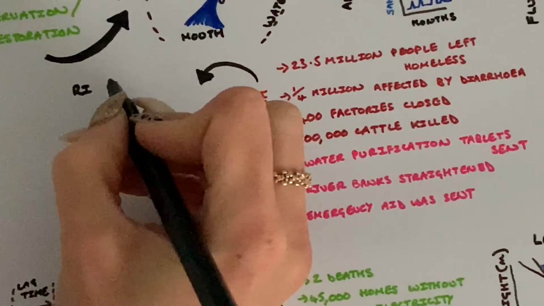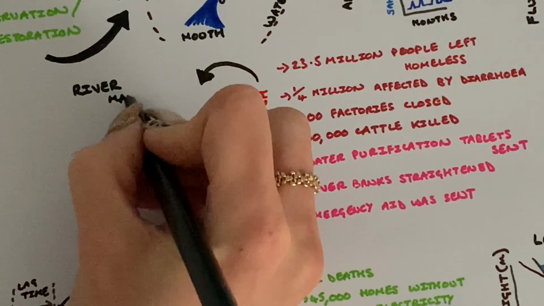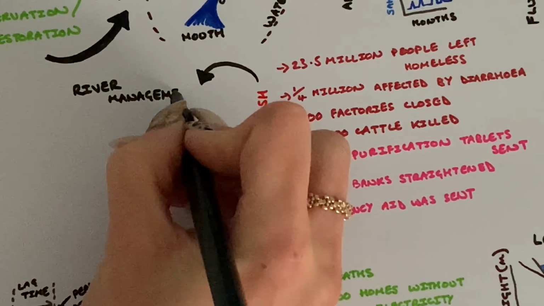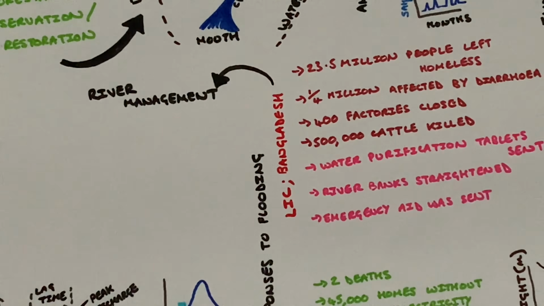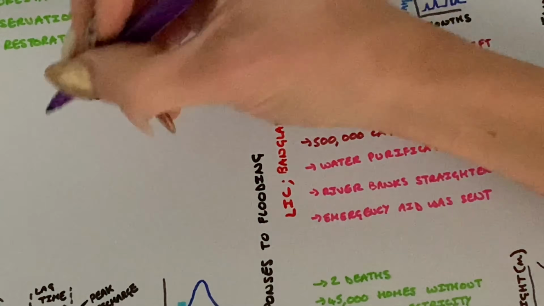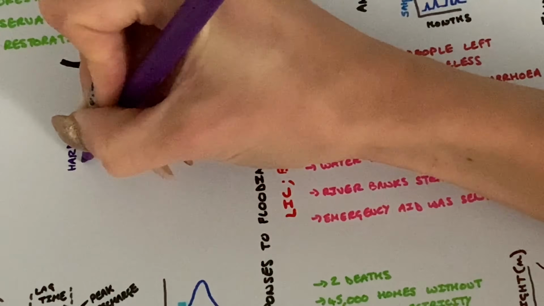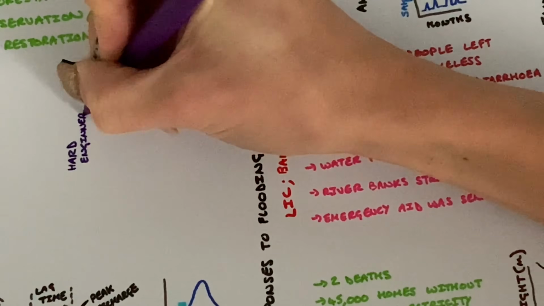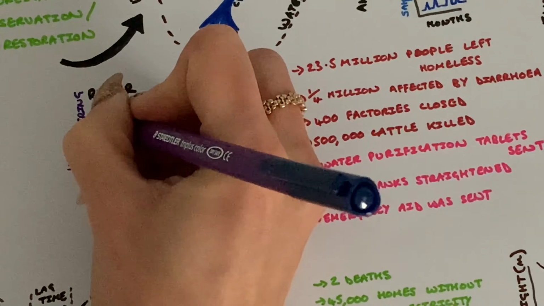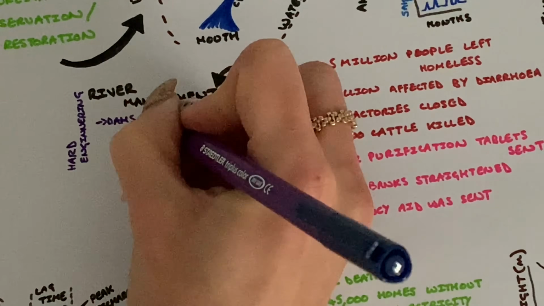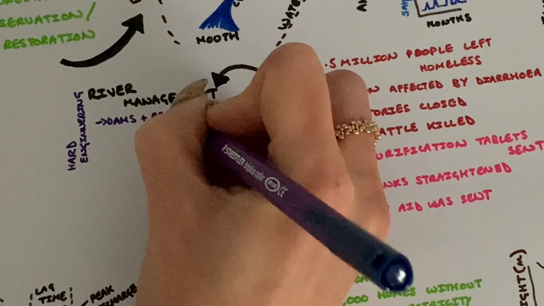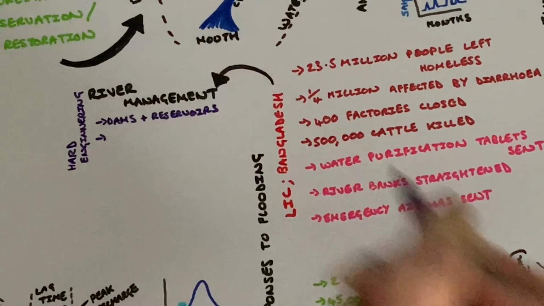So, how can we reduce the risk of flooding? This then leads us nicely on to looking at river management strategies. So, all types of river management strategies can be placed into one of two categories. Hard engineering strategies are typically options that tend to be expensive, short-term options, and they might have a high impact on the landscape and be considered as unsustainable.